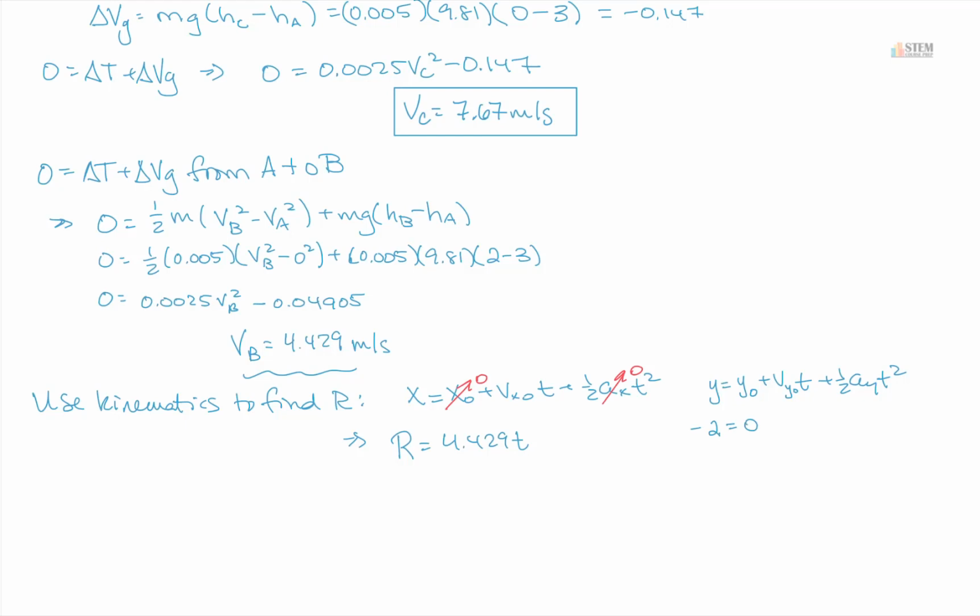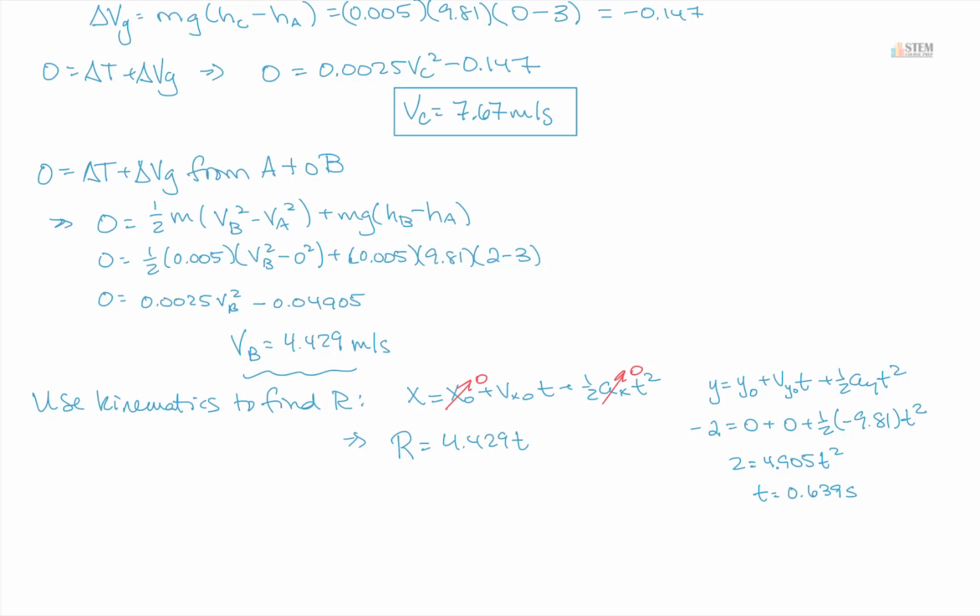We're going to set that equal to 0, and then the initial y velocity is 0, because the marble comes out horizontally. And then we've got a plus 1/2, -9.81 for ay, and then we have t squared. So that gives us 2 equals 4.905, those negatives cancel, times t squared. So t is 0.639 seconds.